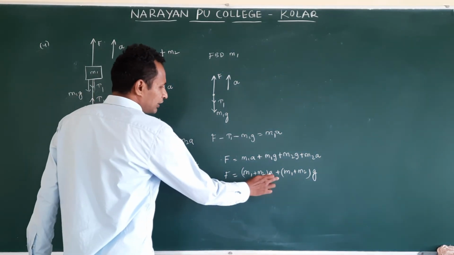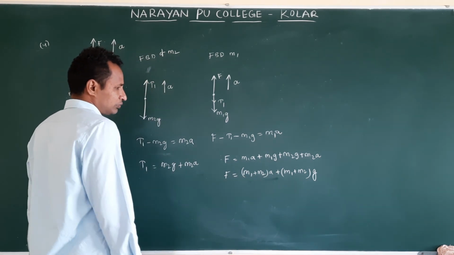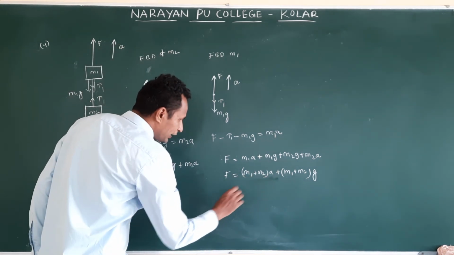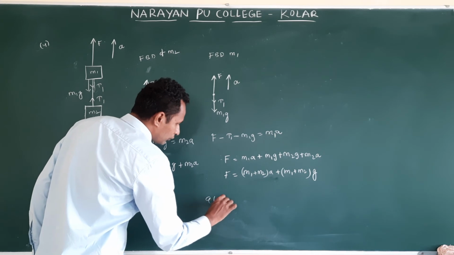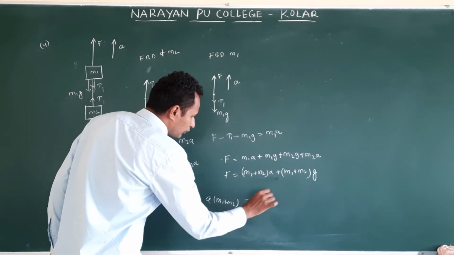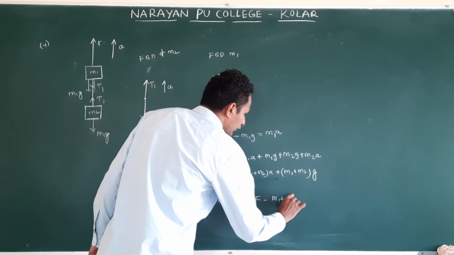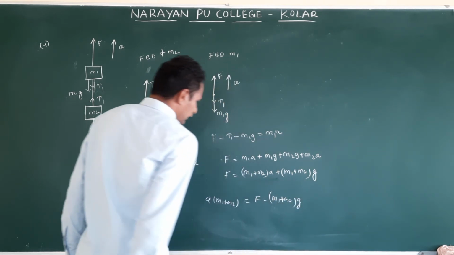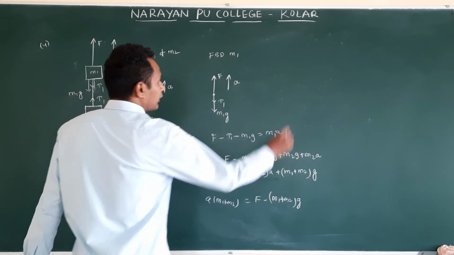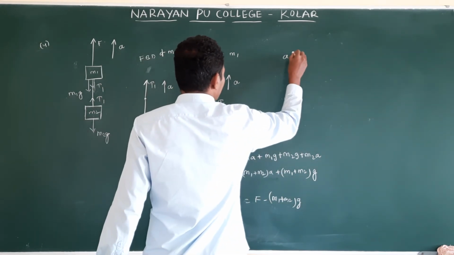Okay, first we will try to find out A. Then you rearrange this: (M1 plus M2)A is equal to F minus (M1 plus M2) into G. Okay, then substitute their values.